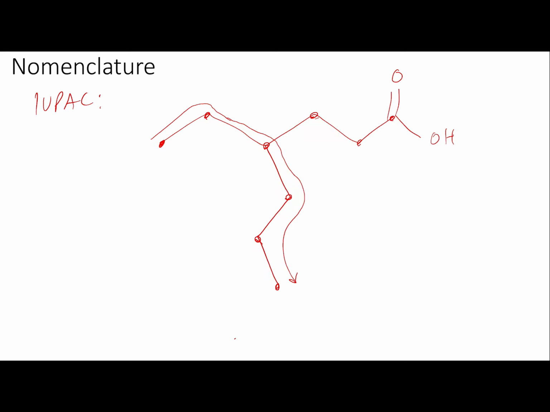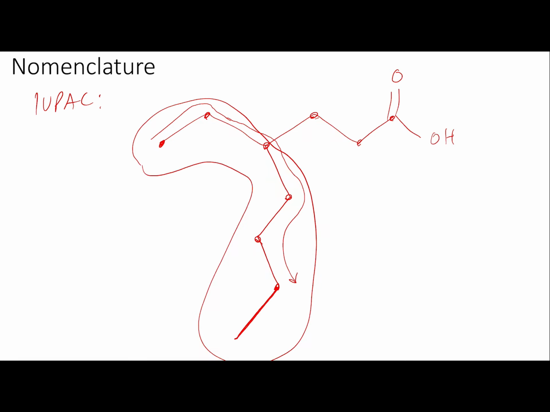Let's just give this one another one here. Okay, so I could actually number this as a heptane and leave all of this as a substituent, right? But that's not how we would name a carboxylic acid.